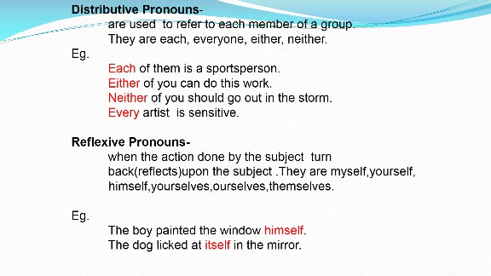Self is used for singular and selves we use for plural words. Here are examples. The boy painted the window himself. Here the action is painting the window by the subject. Subject is the boy and it turns back to the subject by using the word himself.